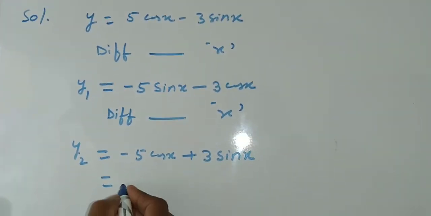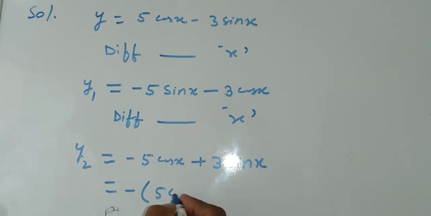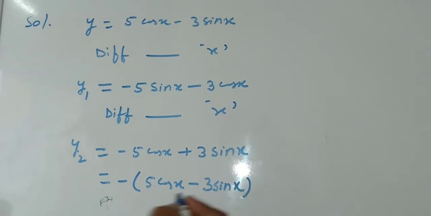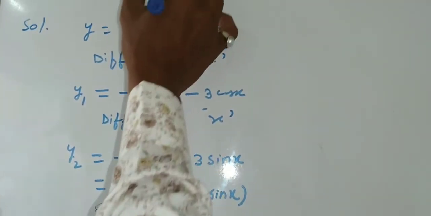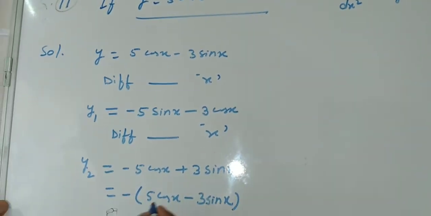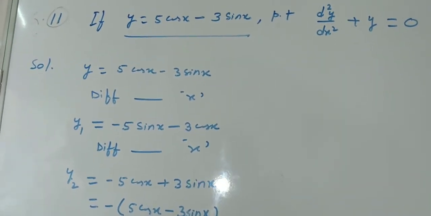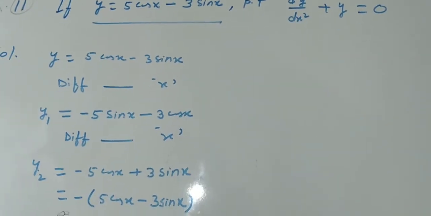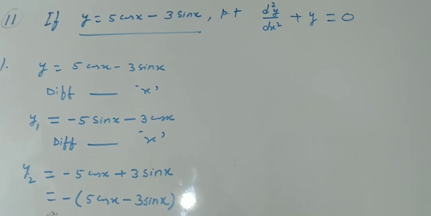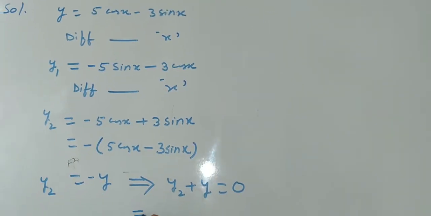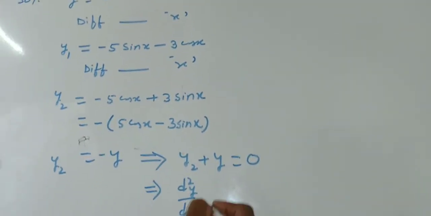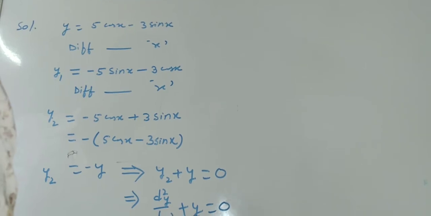You take the minus sign common: minus (5 cos x minus 3 sin x). This is nothing but y, so we can replace this value by y. So minus y. This implies y2 plus y equals 0, which means the second derivative d2y by dx square plus y equals 0. This is the result.